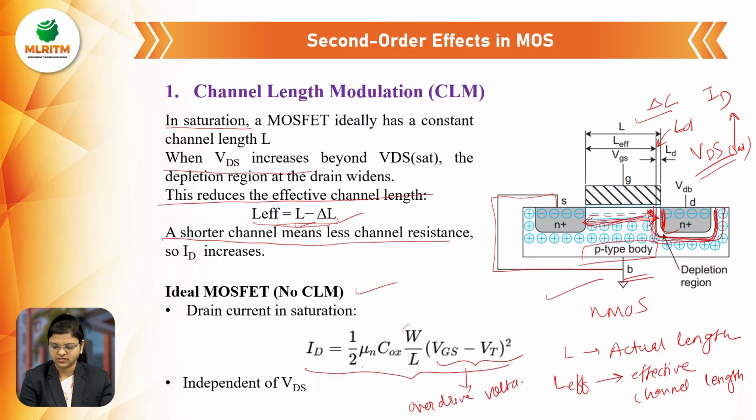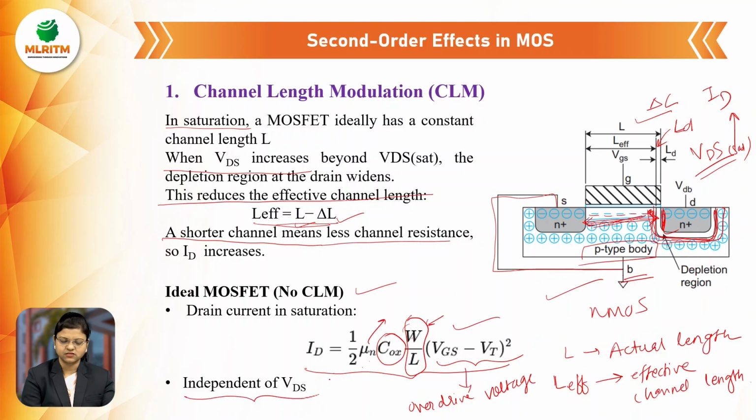L and W are the channel dimensions or the MOSFET dimensions. L is the length of the channel and W is the width of the gate. Cox is the capacitance of the oxide layer, and mu n is the mobility. That N suffix stands for NMOS. This is the square law which is followed in the drain saturation region.